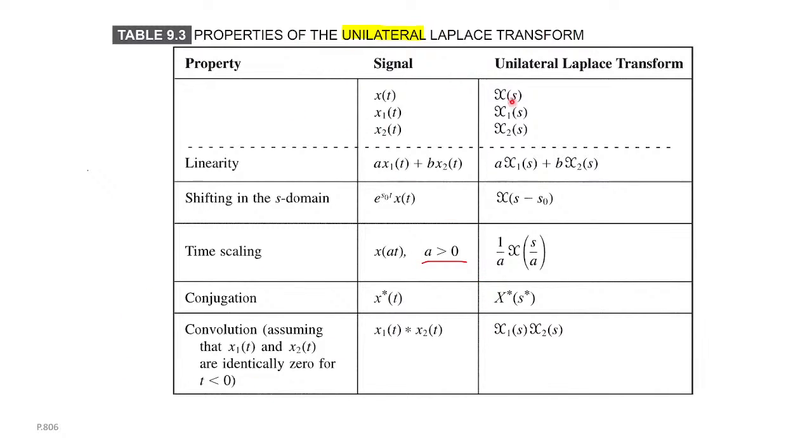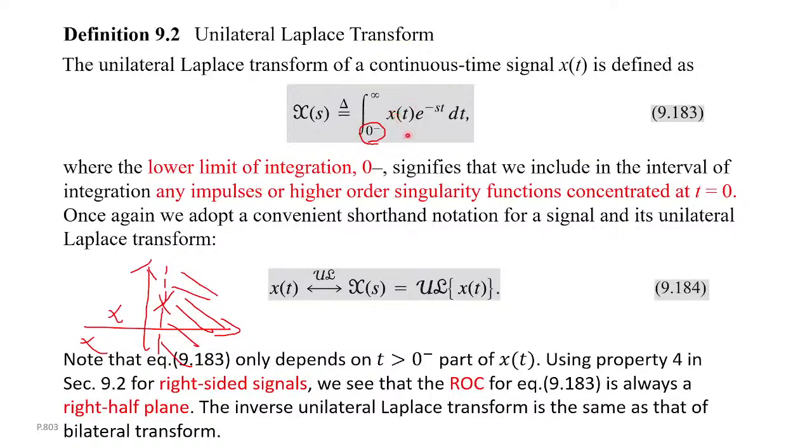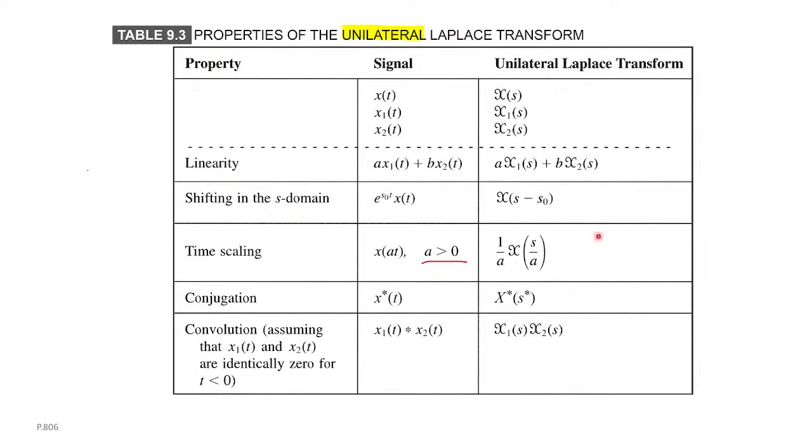And the properties are very similar to the usual Laplace transform, but you cannot do shifting in time because it will conflict with this cutoff at 0 minus. So if you shift in time or do reversing time, then you don't really get that property. And if you do time scaling, you need to have a positive scale.